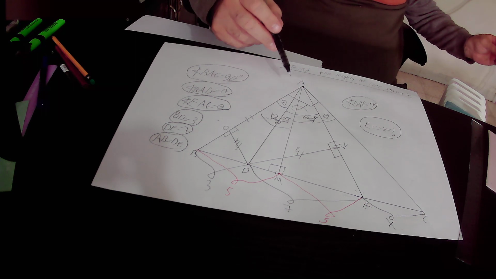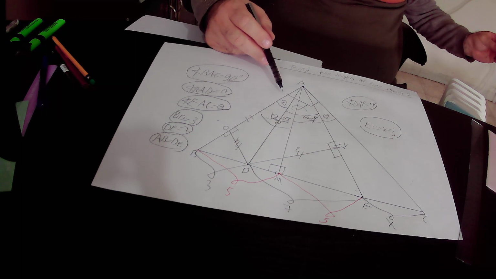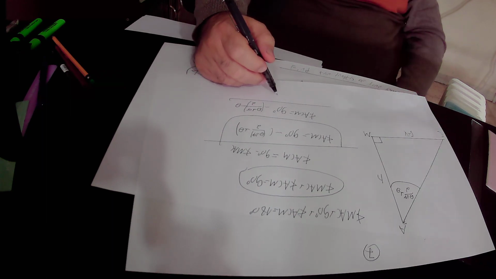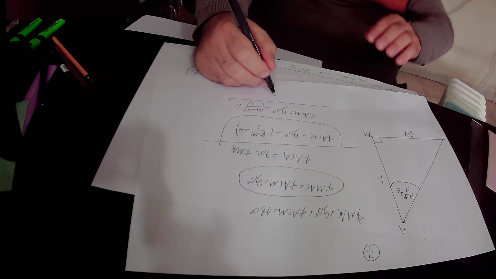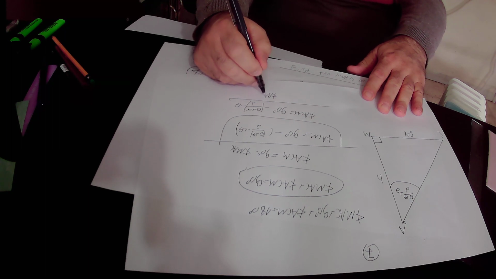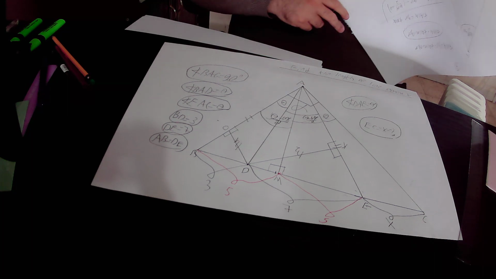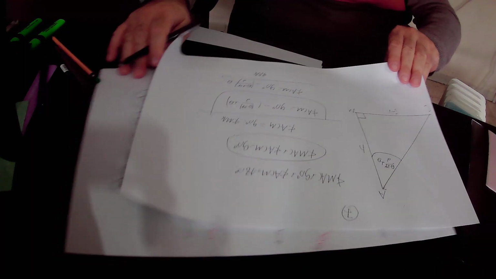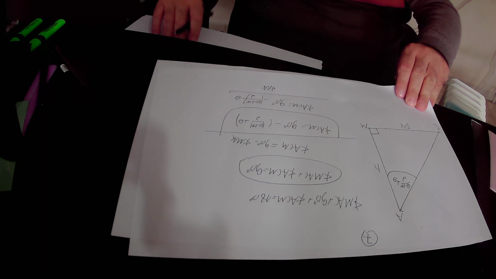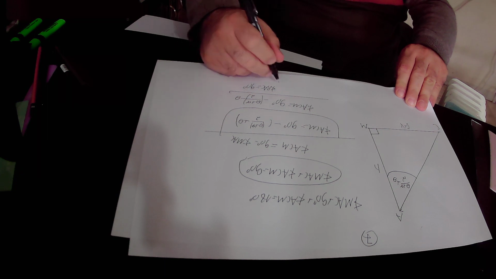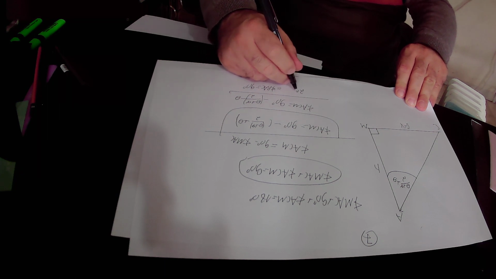That is to say, angle BAC equals 2 theta plus alpha.